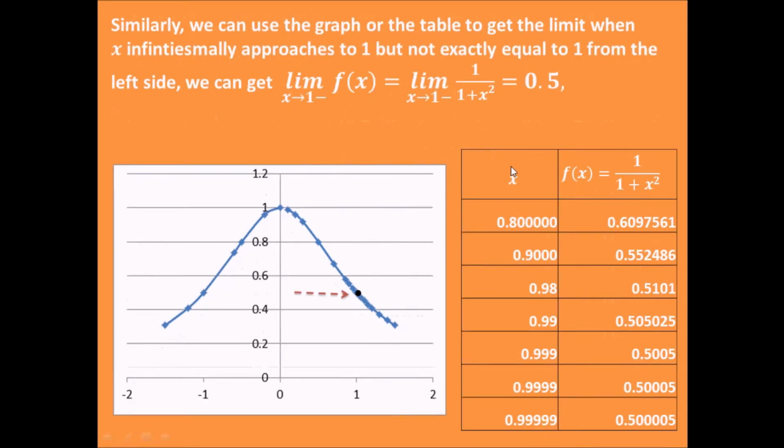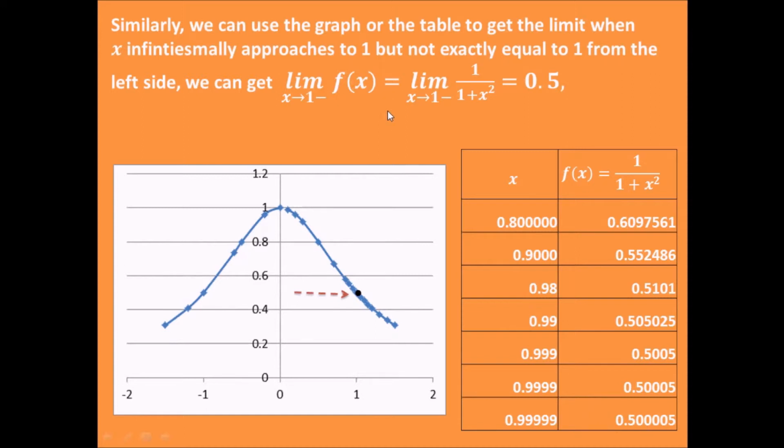Similarly, we can use the graph method and the table method to get the left side limit. When x approaches 1 from the left side, the x value is always less than 1, although it is infinitesimally close to 1. Correspondingly, the function value approaches 0.5.